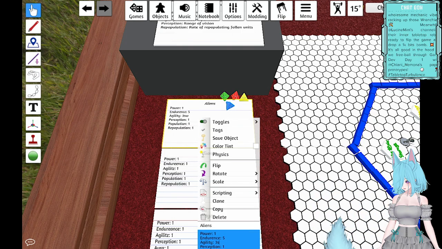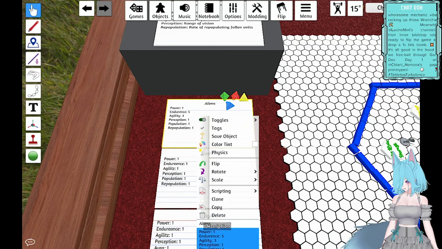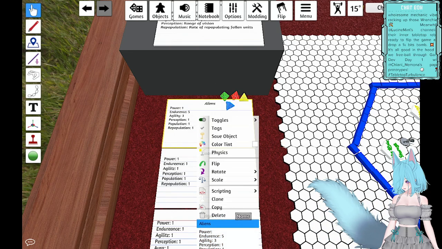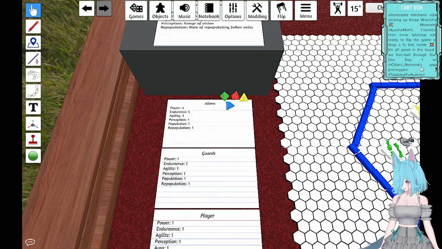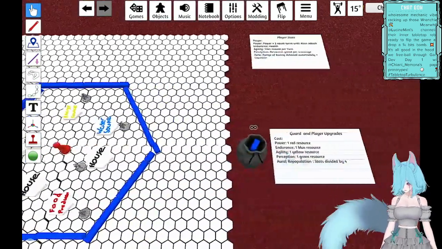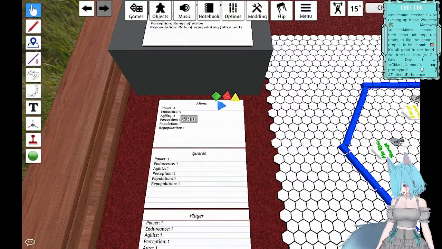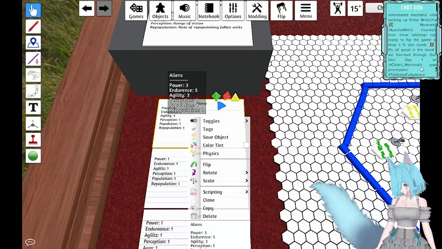What is SV? Power. They get to 3 power. And Garina's perception, right? Yes. So, they get 4 perception.